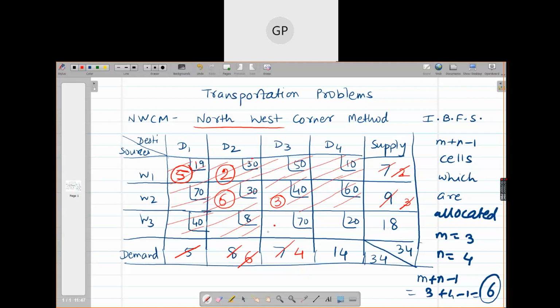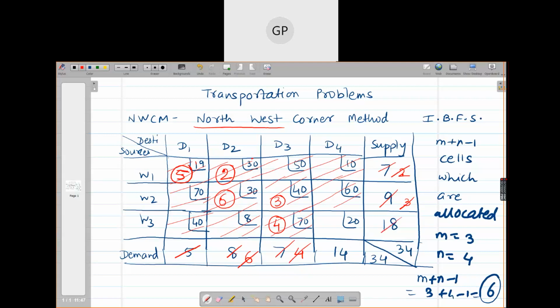Now, what is the next northwest corner? 70. So how many units are required? 4. And how many units are available? 18. So I can give all 4 units required at D3 from W3. Thus, the requirement at D3 is fulfilled. So I am cancelling that column.